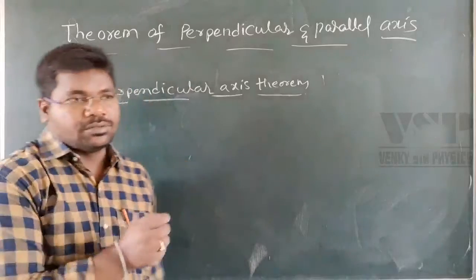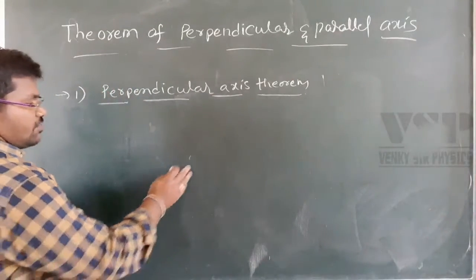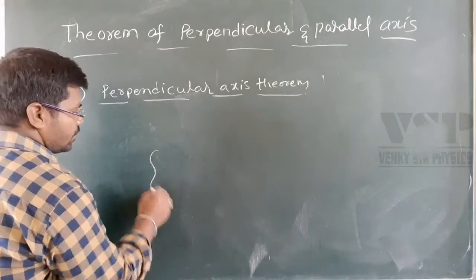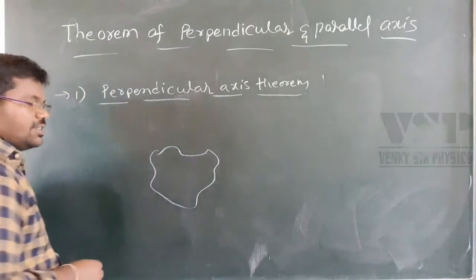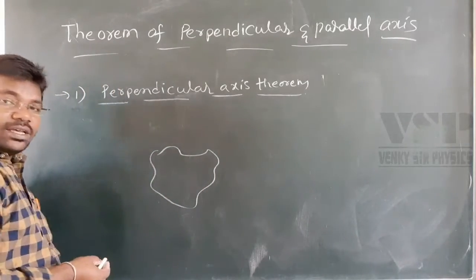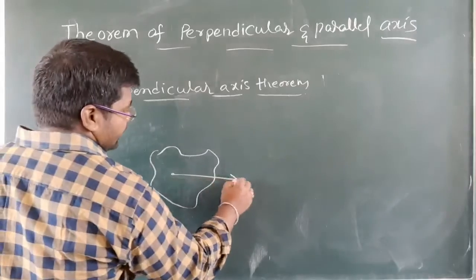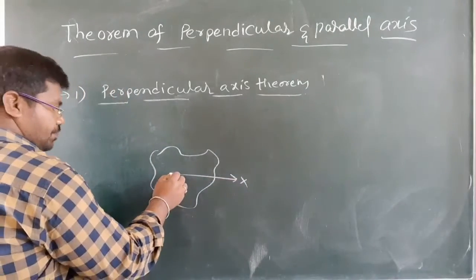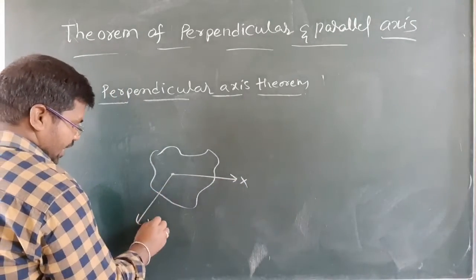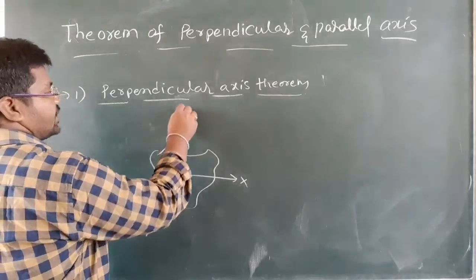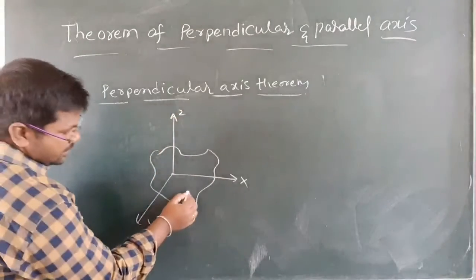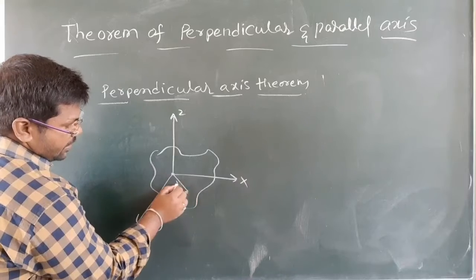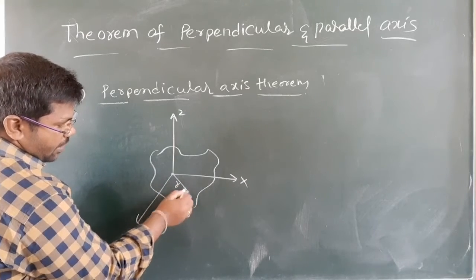Now coming to how we can represent it in the form of a diagram. This is one rigid body of a different shape. Now we can draw the x axis and y axis. This is the z axis. Here the mass of the particle is m, the distance between them is r.